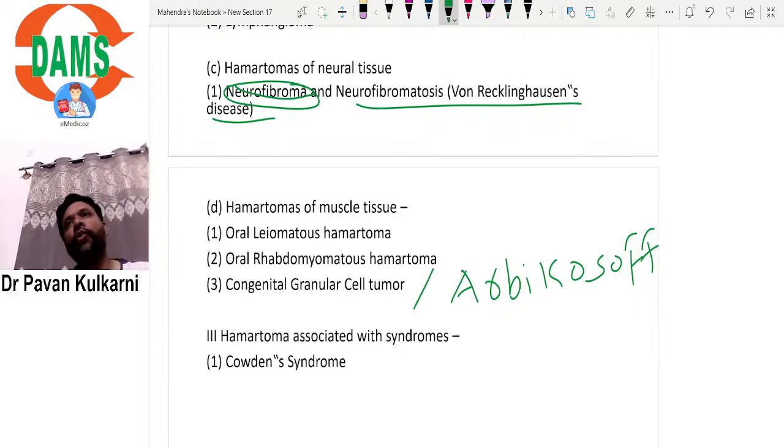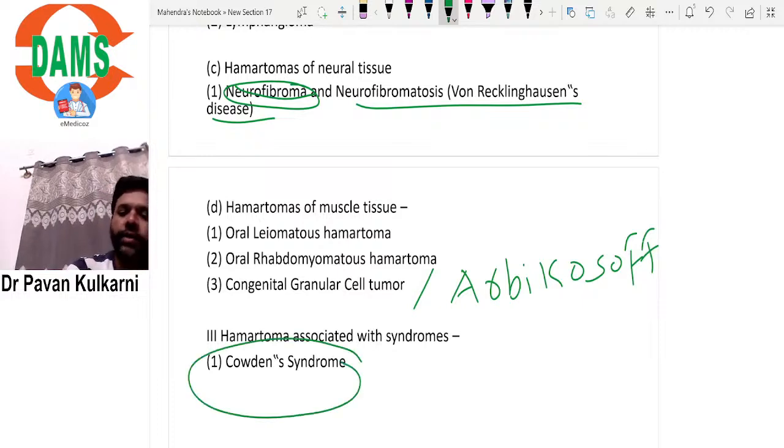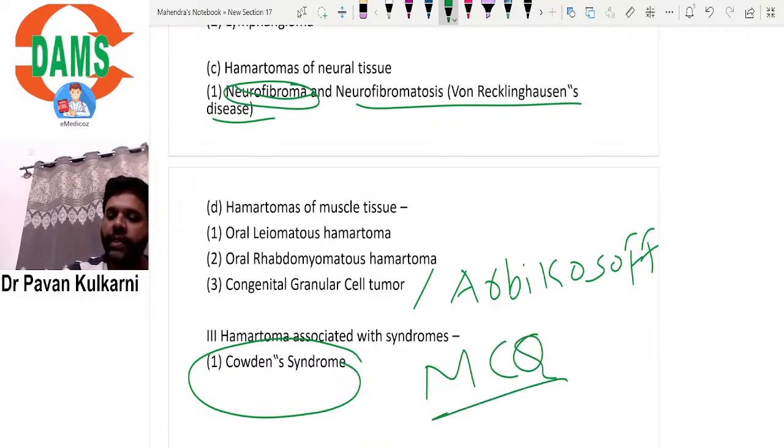Lastly, there is one hamartoma which is associated with a syndrome, that is Cowden syndrome. Cowden syndrome is also considered to be a hamartomatous syndrome. This could be one of the potential MCQs. Please remember this. What usually do you see in Cowden syndrome?